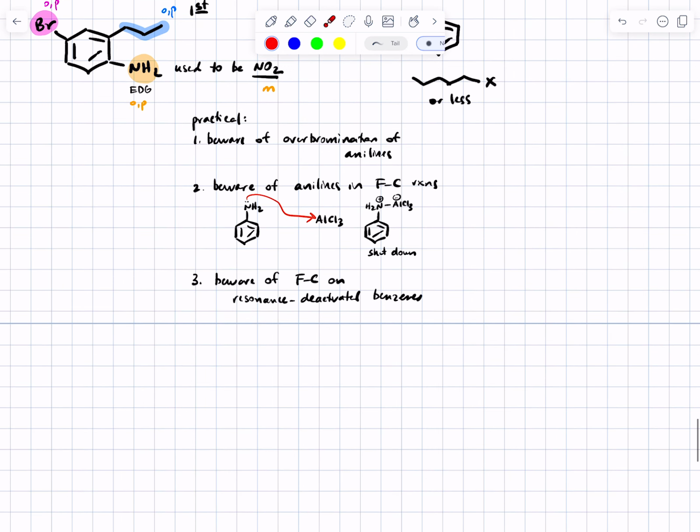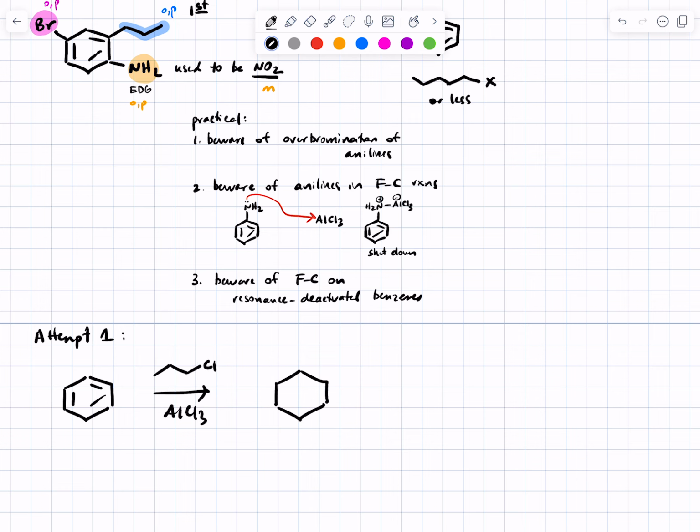Let's just start at the beginning and see what problems we encounter. So suppose this is attempt 1. Can't remember whether or not it's going to work, so let's just go for it. Suppose we decide to do the Friedel-Crafts alkylation first.